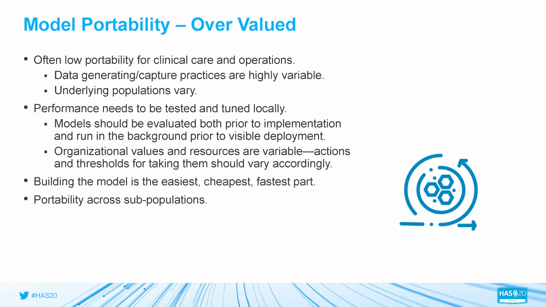Different organizations have access to different data, not just what they can get, but how they capture it and how it runs through their systems. And so we actually find that there's very low portability of models from one organization to the other. And that's okay, again, because it's so easy to build these things today. It really doesn't need to be a stumbling block. The hard part will be building the data set in the first place.